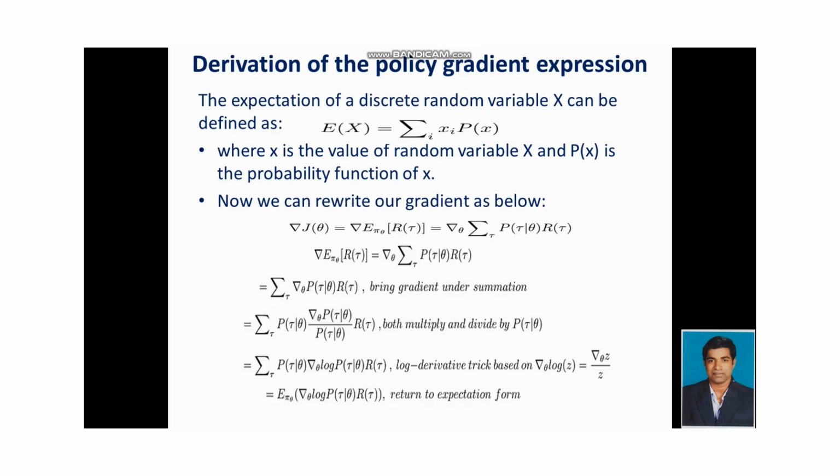So we rewrite that as the expectation of gradient theta of the logarithm of p of tau given theta times R of tau, returning to expectation form.